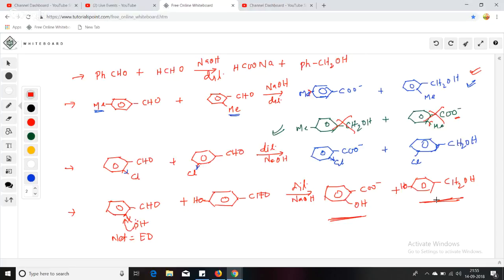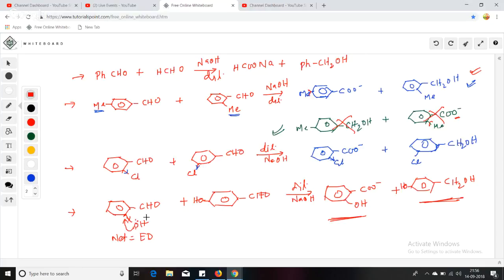And we will also discuss how we consider plus R or minus I. That also we'll see when we do the acidity of carboxylic acid. Okay, so the few examples we have discussed.